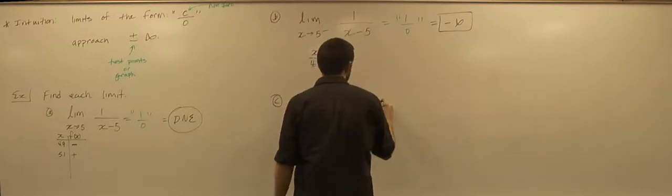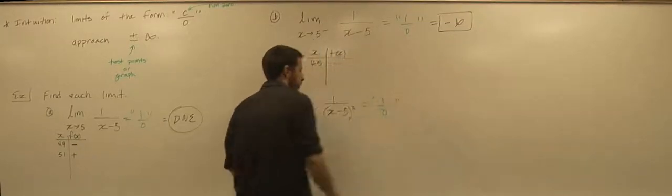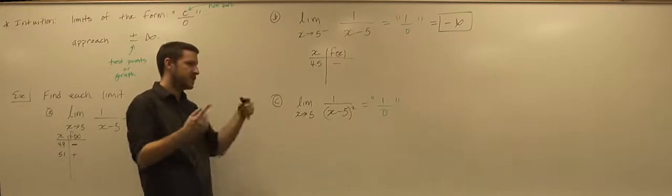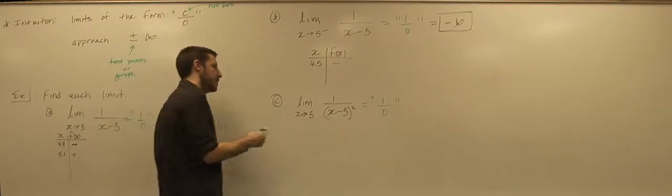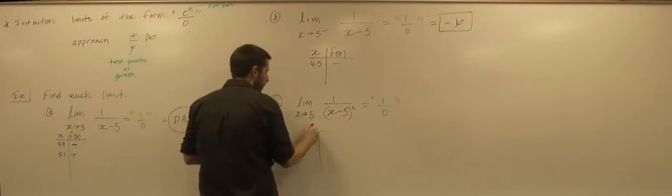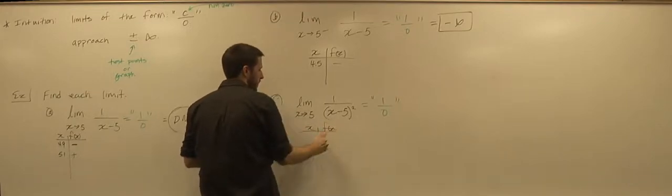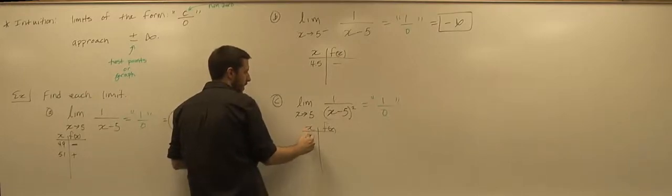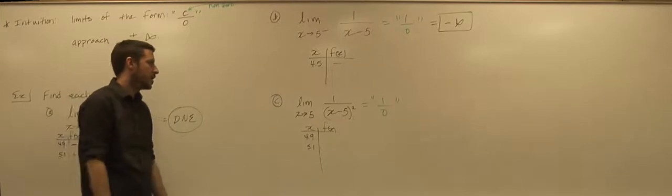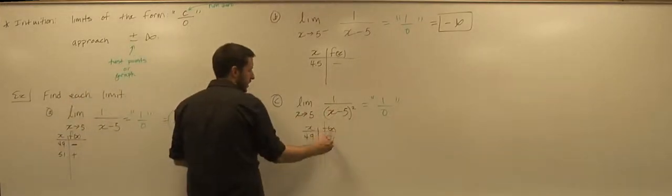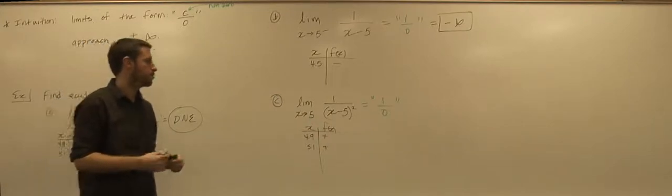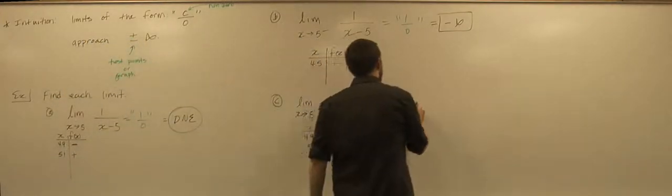That's telling you you're looking for some sort of infinity. Now you just have to check and make sure that they're both going to the same infinity. But they are both going to the same infinity because of this square, right? Whether you do 4.9 or you do 5.1, whether you go left or right, you're going to square the result, so you're going to get positive either way. So this is going to equal.